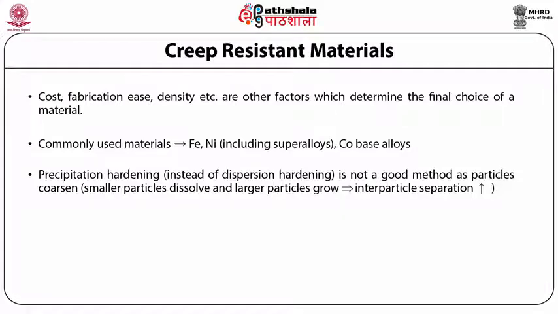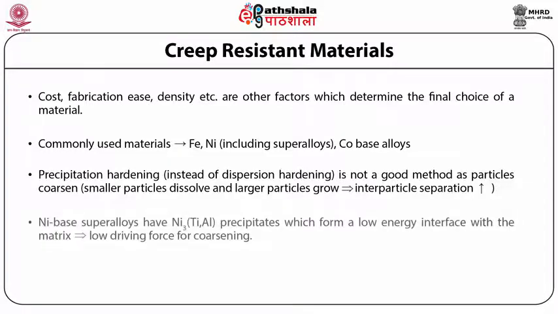dissolve and larger particles grow, that leads to the increase in the interparticle separation. Then the nickel-based superalloys have Ni3 Ti aluminum precipitates which form a low energy interface with the matrix, giving the low driving force for coarsening.